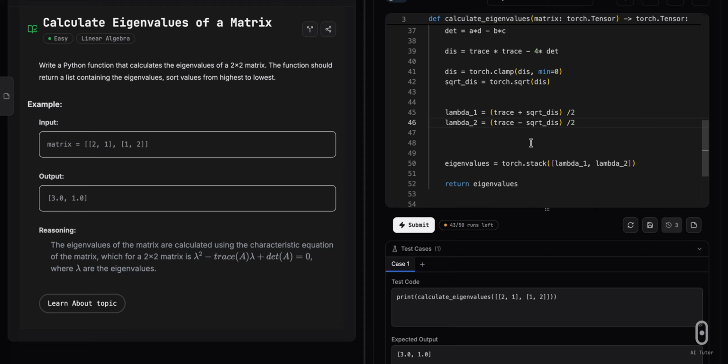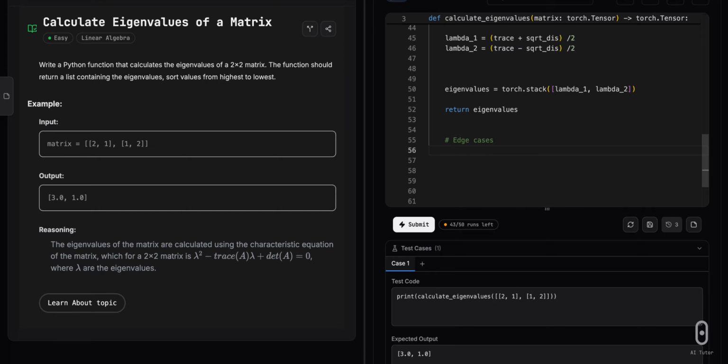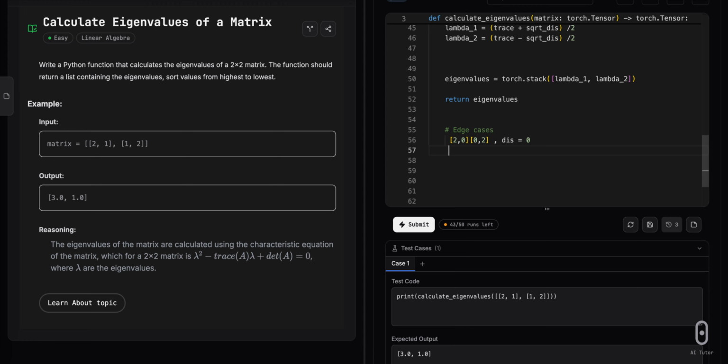Now we can mention some of the edge cases to the interviewer. The first edge case would be if our discriminant is 0. Suppose we have 2 comma 0 and then 0 comma 2. In this case our discriminant is 0, and both eigenvalues are 2.